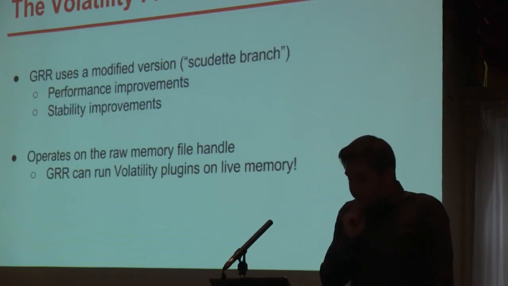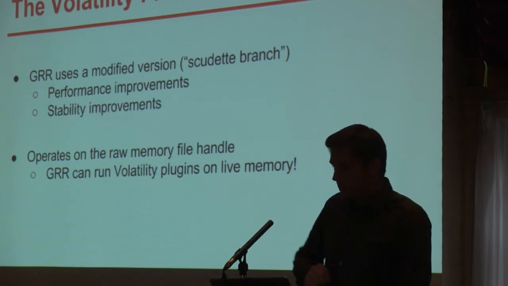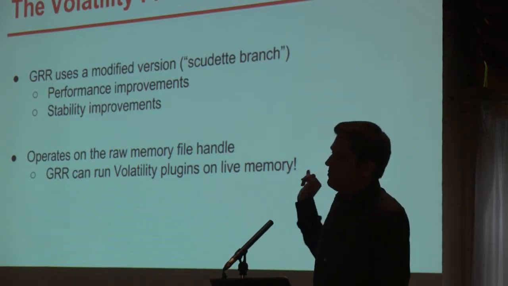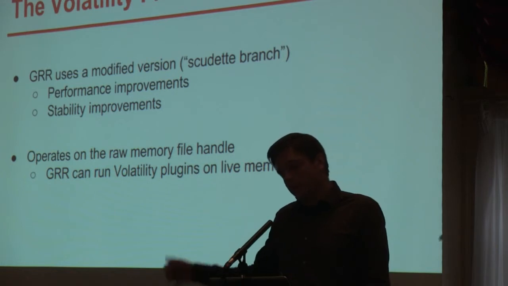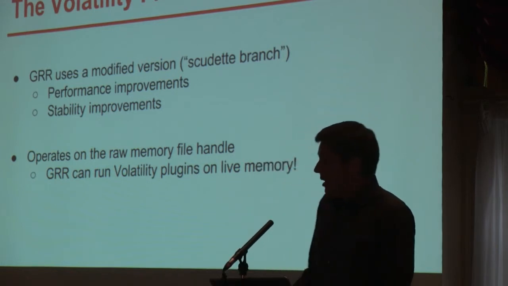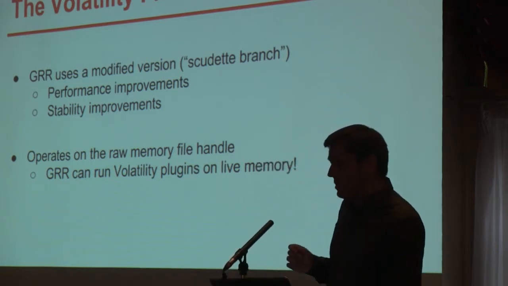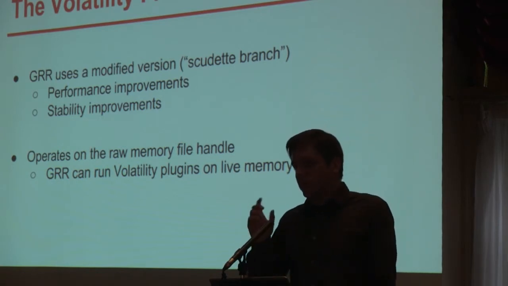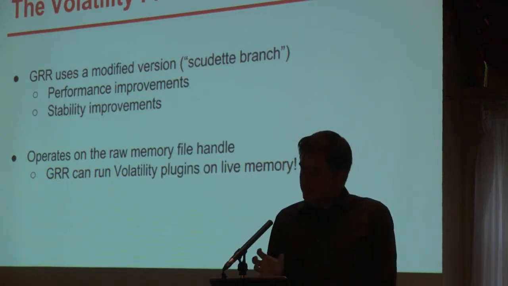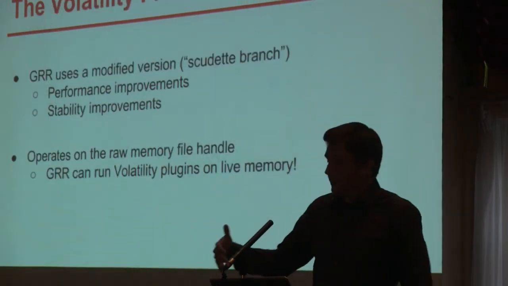So what we have done is we use a modified version of that. There's Cadet's branch. Cadet is one of the developers of GRR and a contributor to Volatility. And we have improved the performance of this and the stability. Not the stability of the tool itself, the tool is fine, but the stability of the parsing.